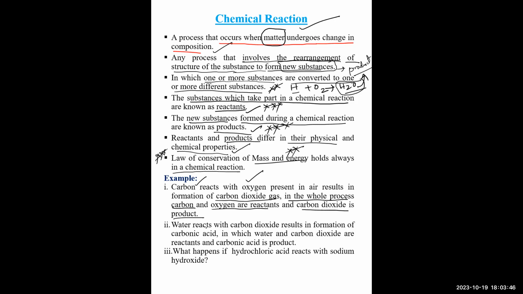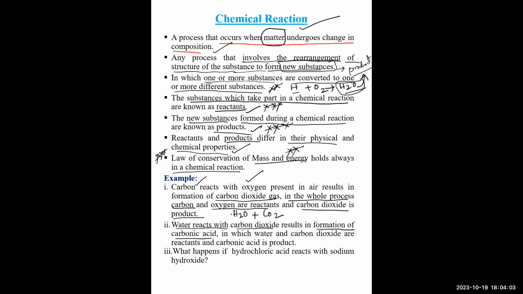So see the second example. Water reacts with carbon dioxide, results in the formation of carbonic acid. So water and carbon dioxide: if I want to write here, H2O plus CO2, water plus carbon dioxide.